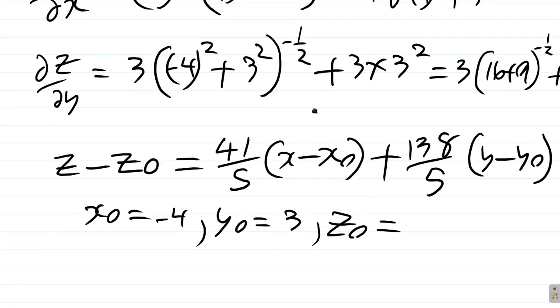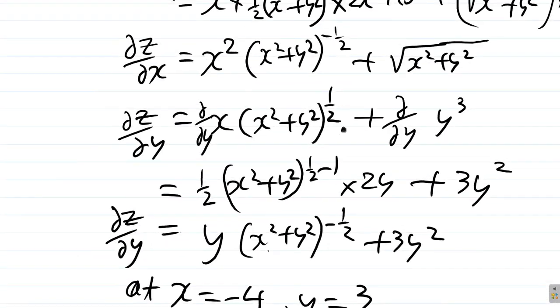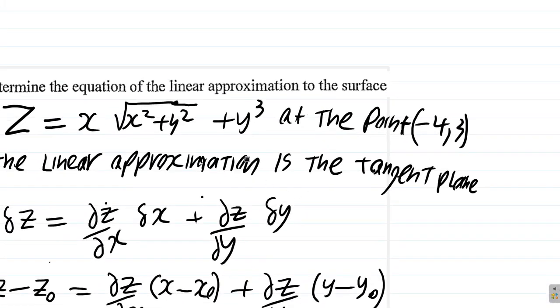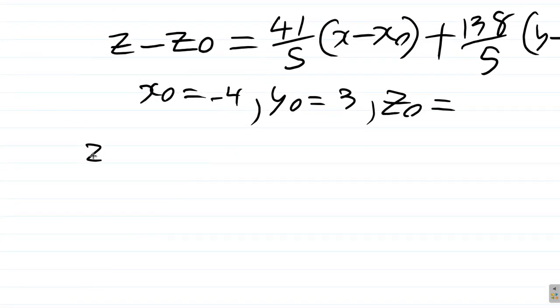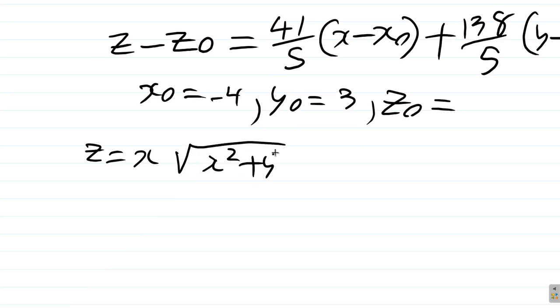Alright, we're going to have to go back to the original function and find z naught. z is x times the square root of x squared plus y squared plus y cubed. Now, the naughts will be the point at which they occur.